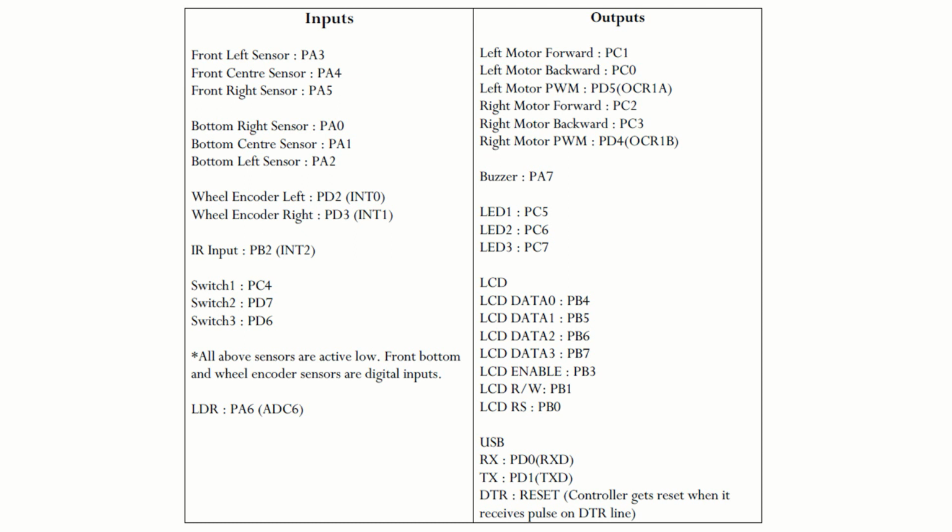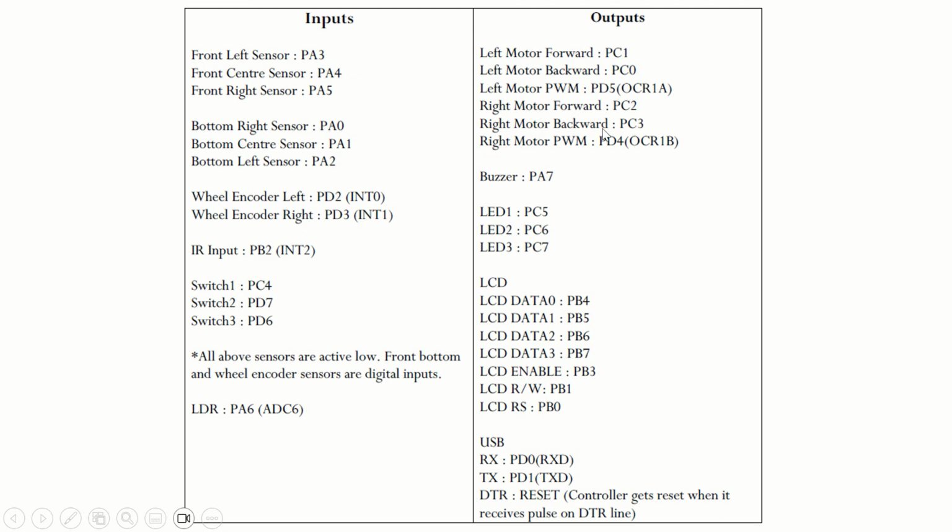As far as this interface is concerned, on the board the motors are connected as follows. Left motor forward action takes place with the help of port C PC1. Left motor backward action takes place because of PC0, and the speed of the motor is controlled with the help of a technique called pulse width modulation through PD5.